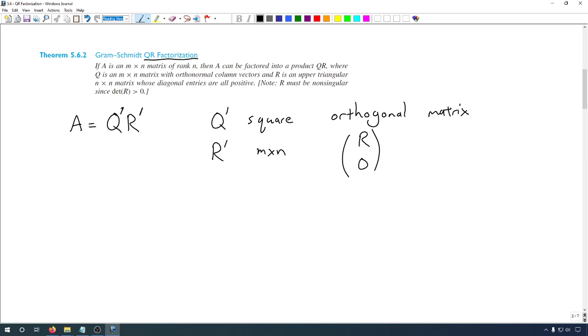So we're just going to stick with the definition the book gives us. It's easier to find, and it's enough to do all the stuff that we want to do with it. But just be aware that some people use a slightly different definition for the QR factorization.